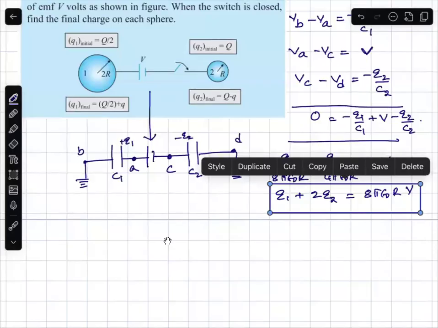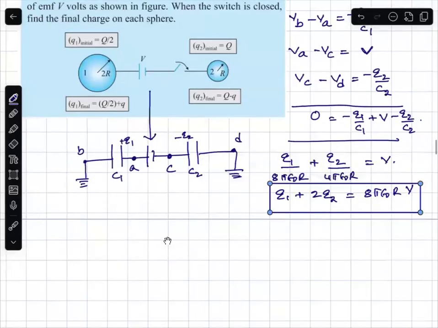Got the point? But here charge is conserved. Why? Because there is no leakage to the space. What do you want finally, by the way? When I switch, find the final charge on each sphere. Right. No issues.